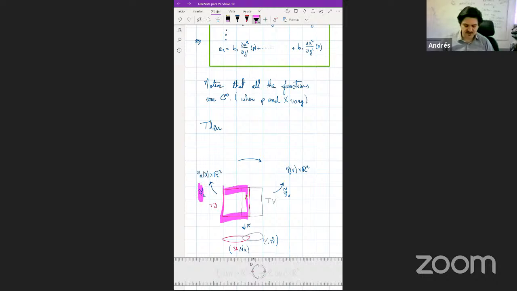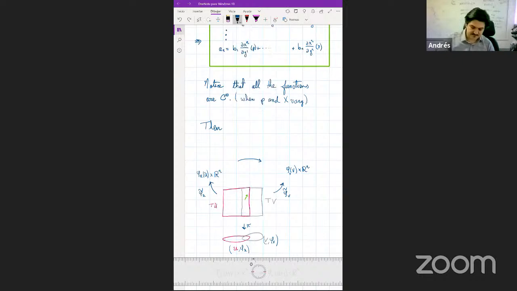On T of U, which is phi tilde U, and on T of V, I have phi tilde V. Okay? And I want to show that these two charts are compatible. So this is the intersection. So I would like to show that we have a smooth map.